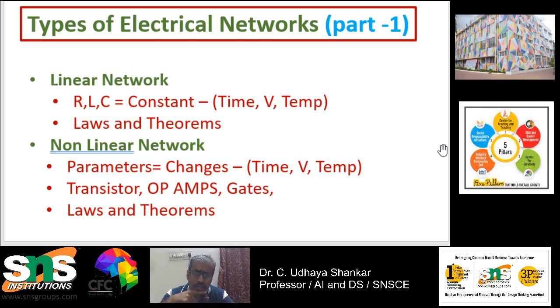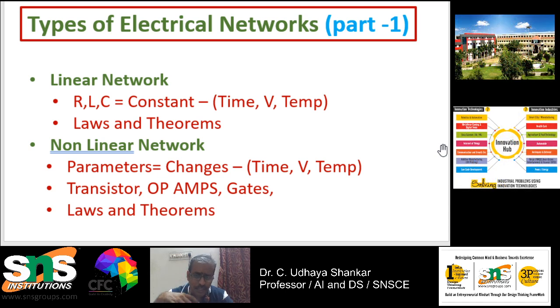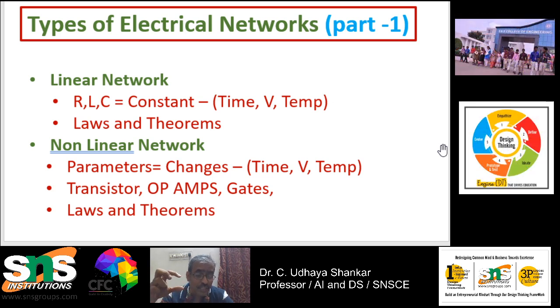How is it possible to change with respect to time and voltage? Yes. For example, if you take a transistor based circuit, an op amp based circuit, or a gate based circuit, in those circuits the parameters change with respect to time and with respect to voltage.